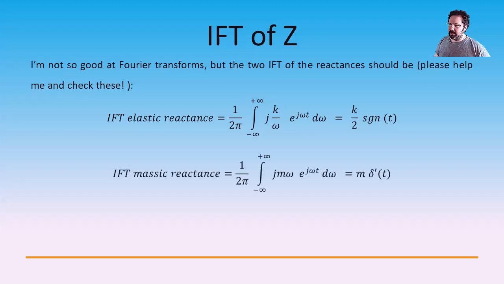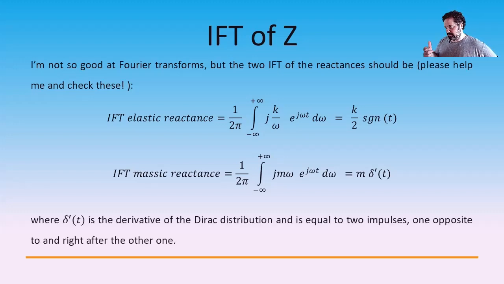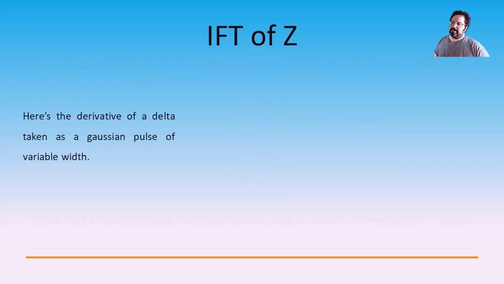And the inverse Fourier transform of the massic reactance is eventually mass times the derivative of the delta function, where delta prime is the derivative of the Dirac distribution and is equal to two impulses, one opposite to the other and right after it. Here is the derivative of delta taken as a Gaussian pulse with a variable width.